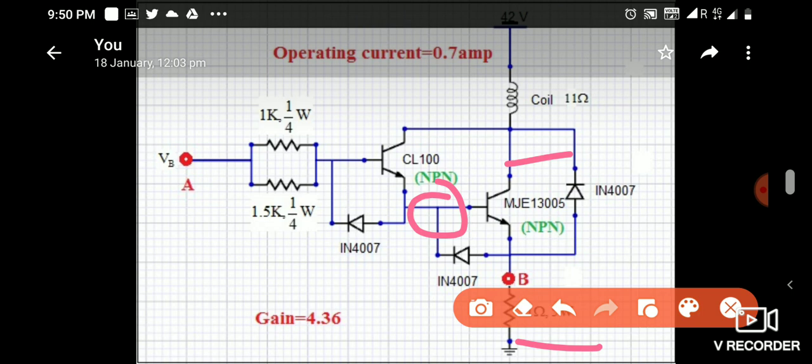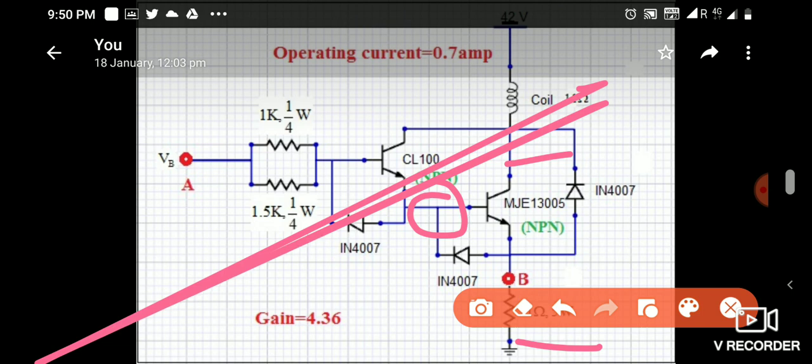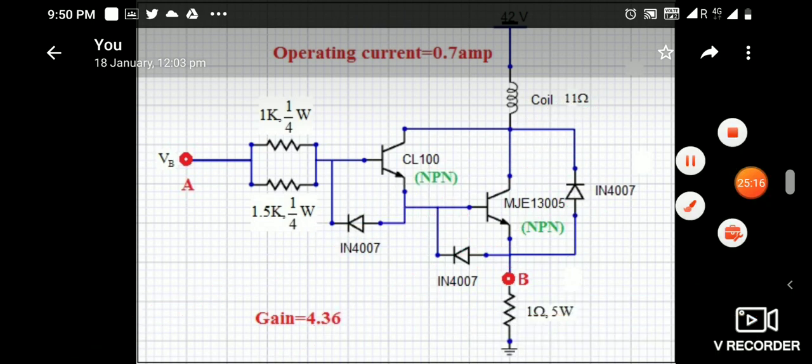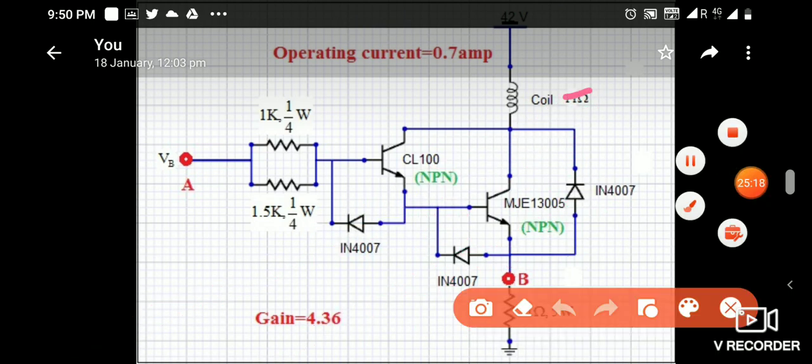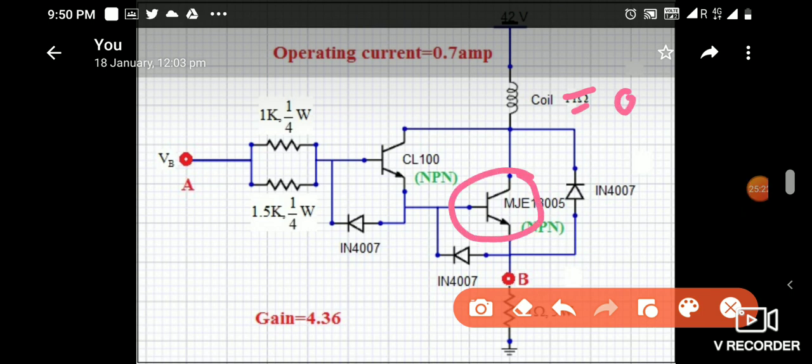Are you getting my point? The transistor is off, so the current is 0 here. When the switch is off we get full voltage here, so the coil current would be 0.